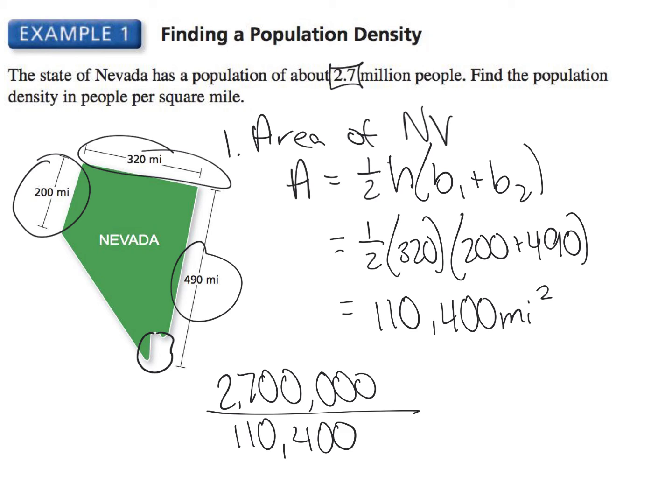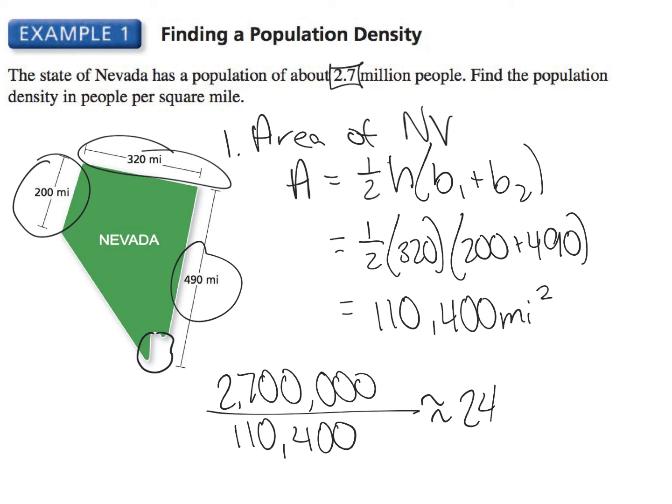That is the people over our area of land. And when you get that, you get approximately 24. The reason I'm saying approximately 24 is because you will get 24.456. We don't count people like that.